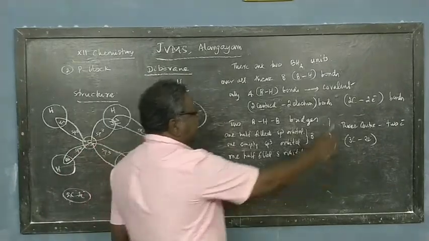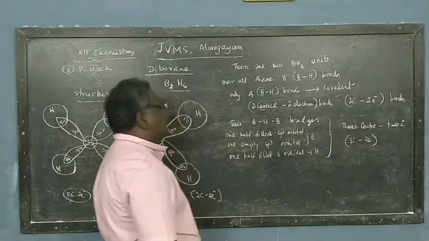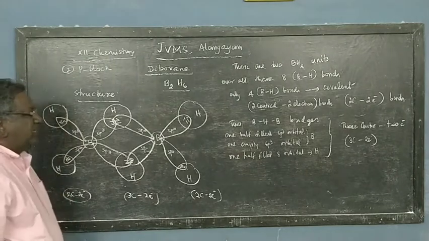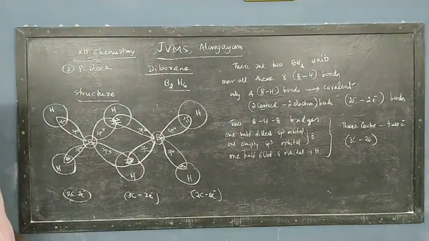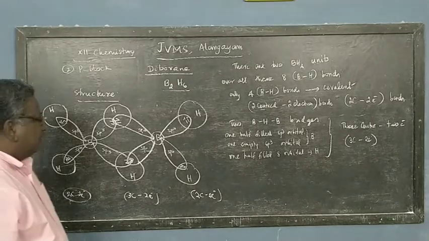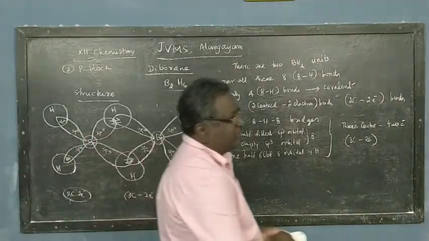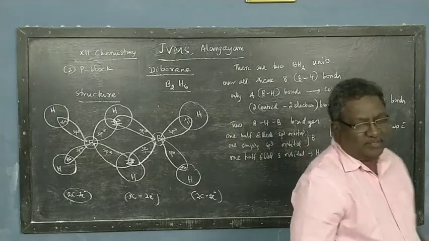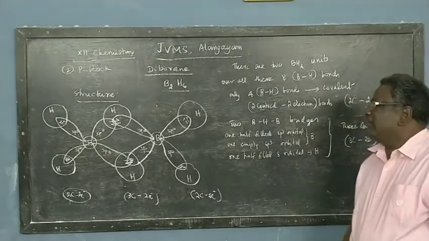Here 2 centers connect 2 electrons. So this is how the structure of diborane is confirmed. This is a very peculiar structure that we come across in inorganic chemistry, and you must be very clear about the formation of diborane.